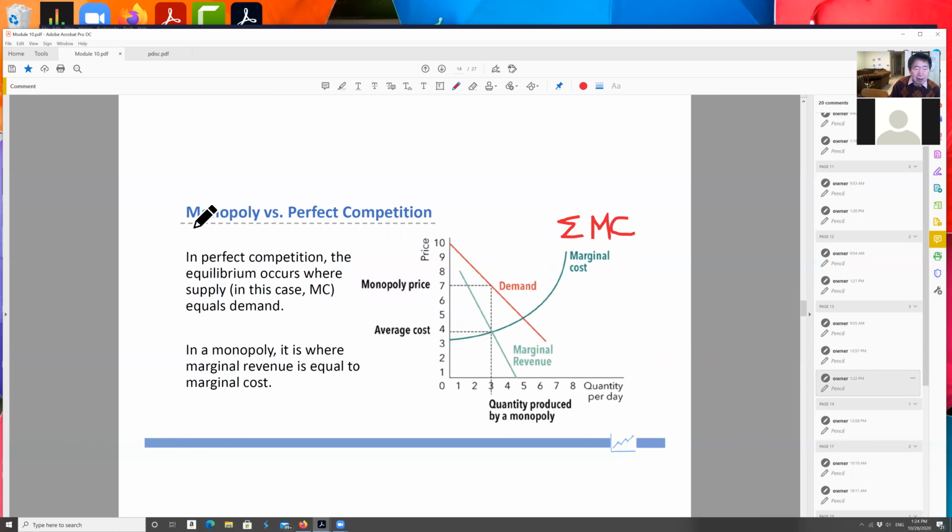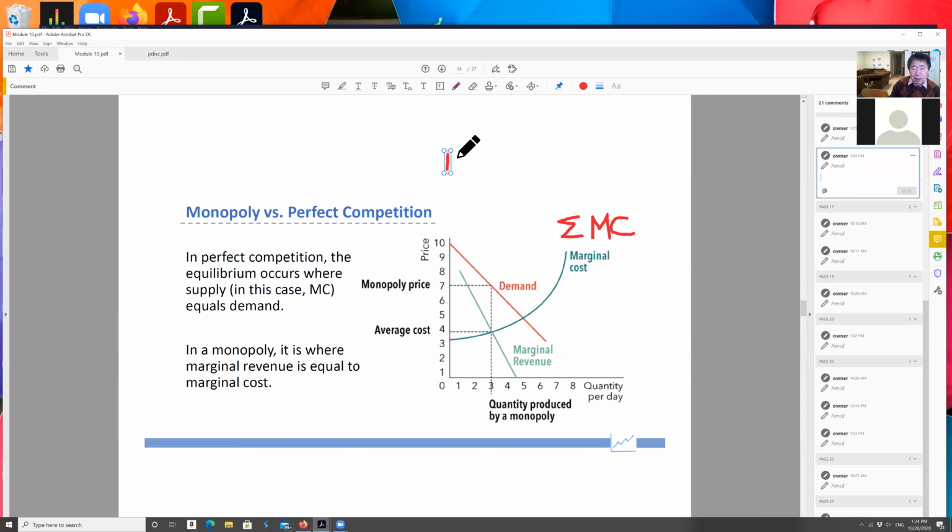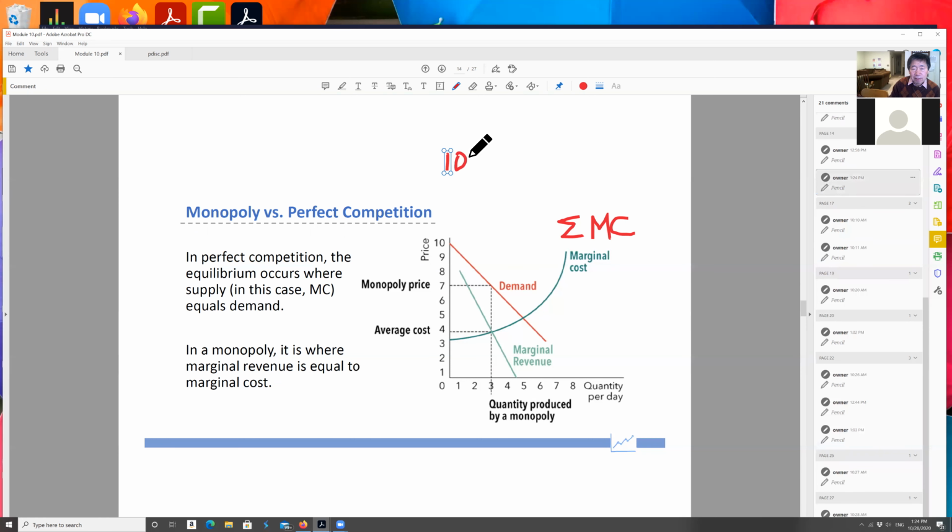So let's compare monopoly and perfect competition. We're going to do this by assuming that one of the competitive firms, let's assume there were 100 competitive firms, like in the railway industry.